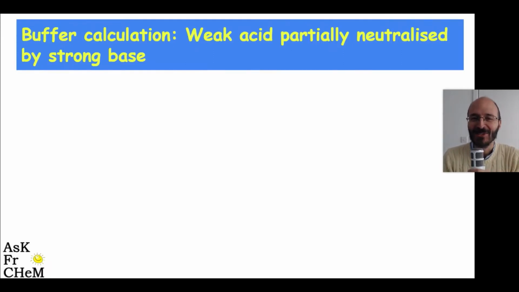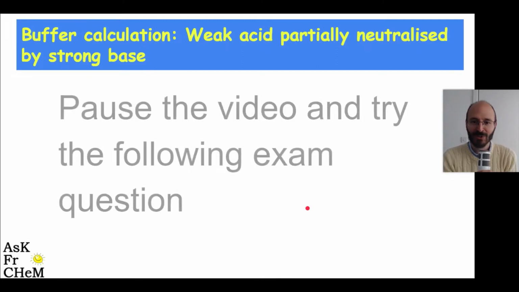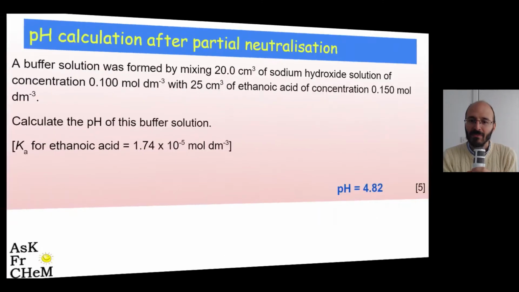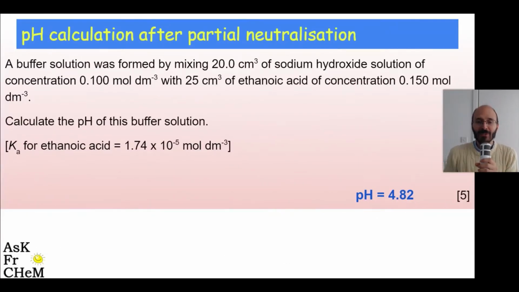In today's video, we are going to see a buffer calculation where a weak acid is partially neutralized by a strong base. So you may want to pause the video and try the exam question that follows. If you got the right answer, brilliant, well done.